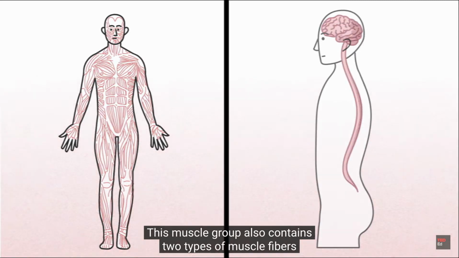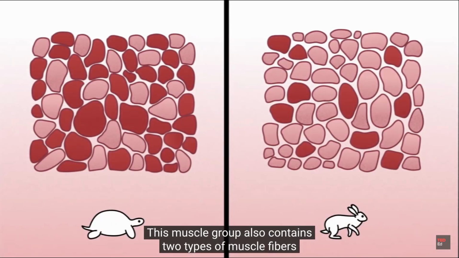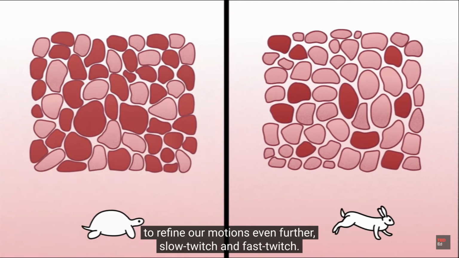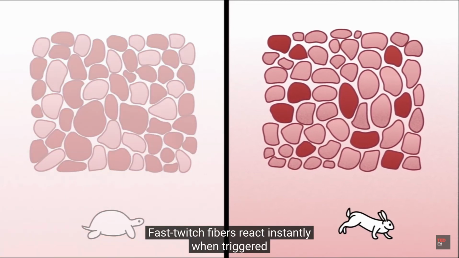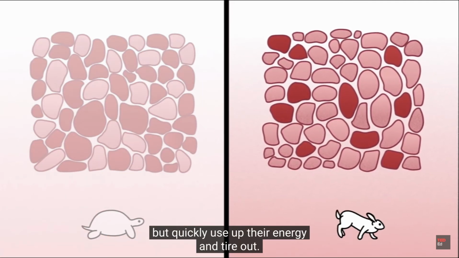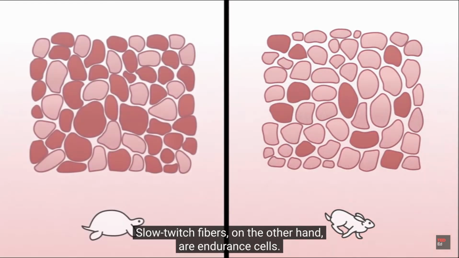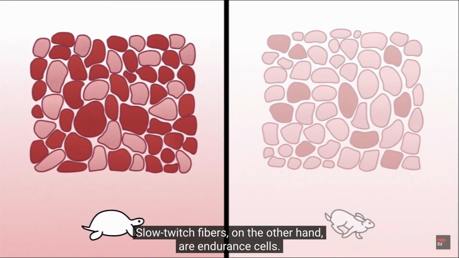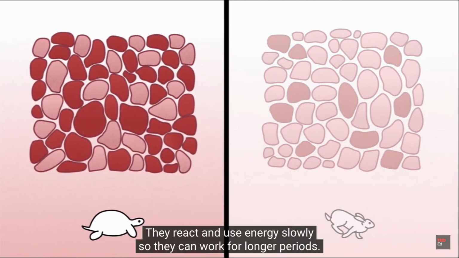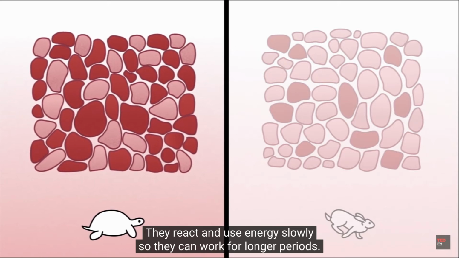This muscle group also contains two types of muscle fibers to refine our motions even further: slow twitch and fast twitch. Fast twitch fibers react instantly when triggered, but quickly use up their energy and tire out. Slow twitch fibers, on the other hand, are endurance cells. They react and use energy slowly so they can work for longer periods.